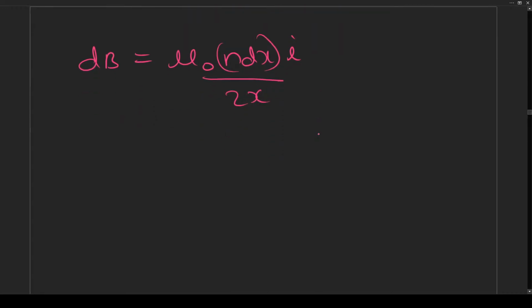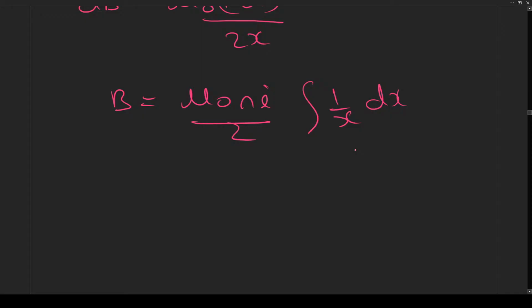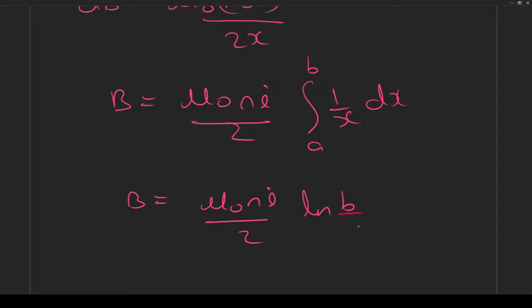So for the net field, we will integrate it, and we get B equal to mu naught nI by 2 times the integral of 1 by x dx, with limits from a to b, which is equal to mu naught nI by 2 ln of b by a.